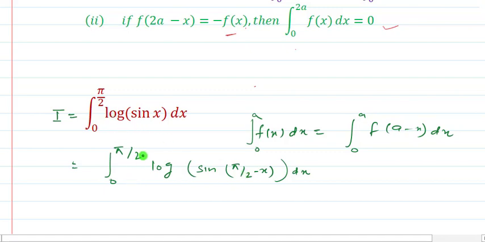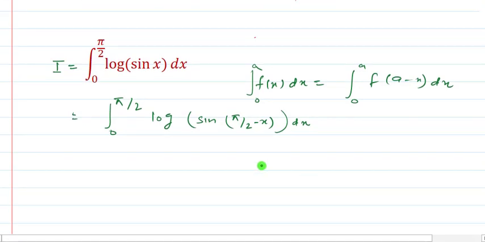So keeping the limit same, 0 to pi by 2, we changed x to a minus x, that is pi by 2 minus x. Now we know very well that sin(90 minus theta) is cos theta. So this can be further written as the integral from 0 to pi by 2 of log cos x dx.